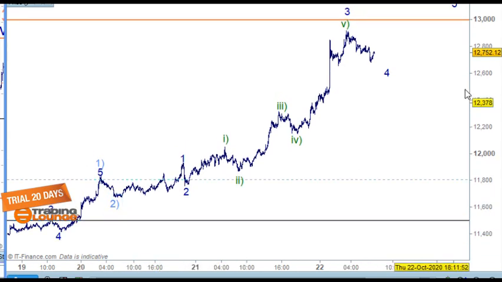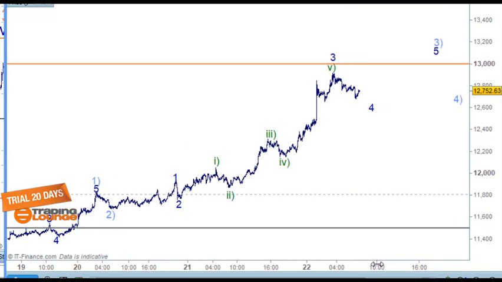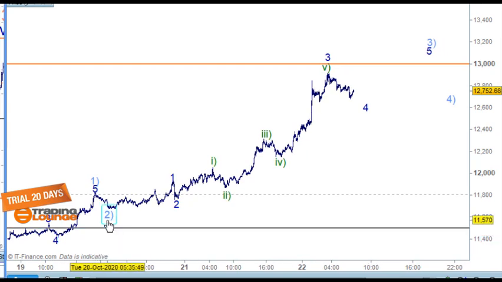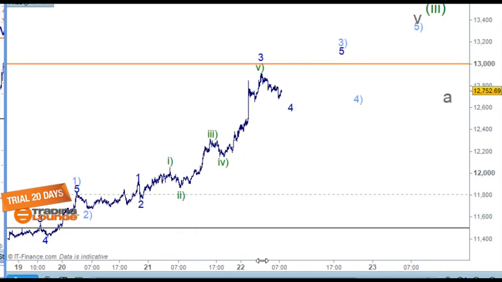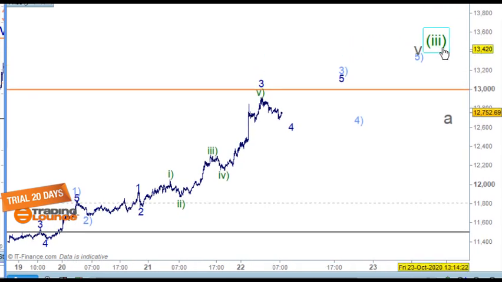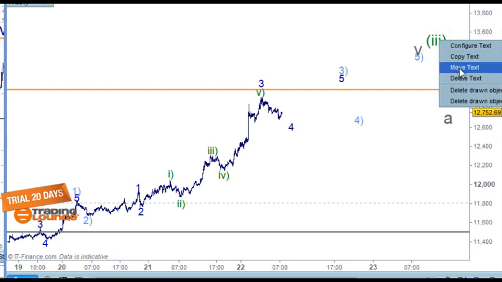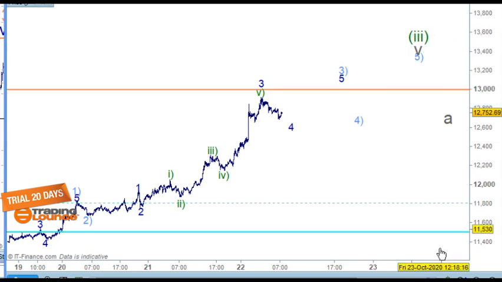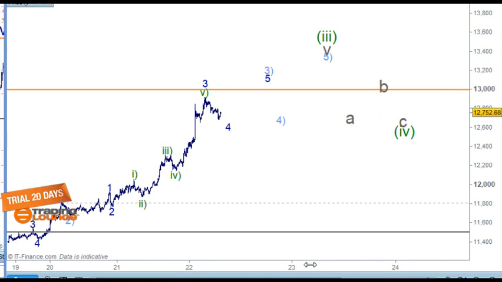From wave 2 here we're going all the way up to wave 3, and then wave 4, and then wave 5 to make wave 3 here. And as I've just mentioned, I may have to adjust that for an even stronger move up.